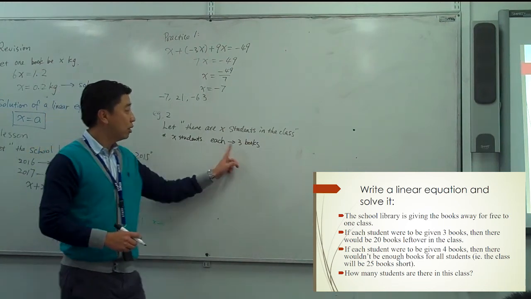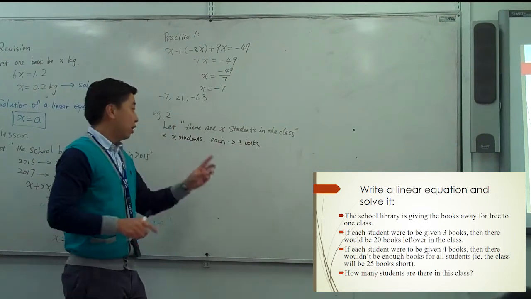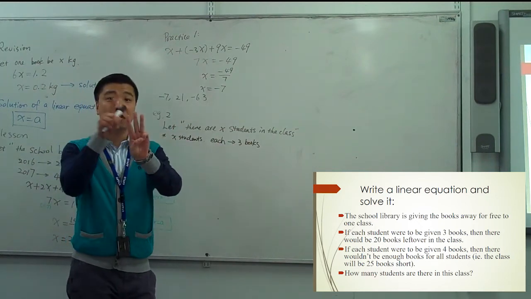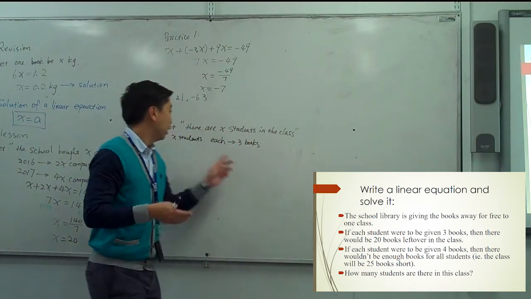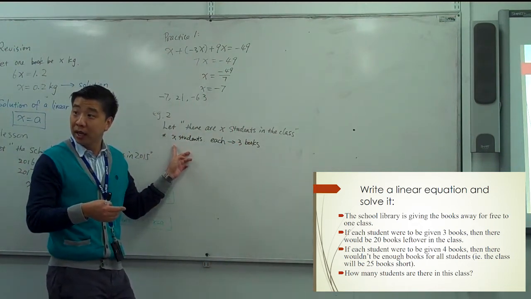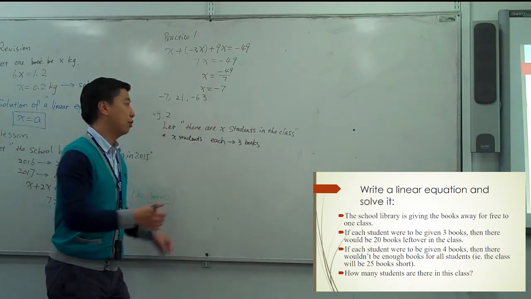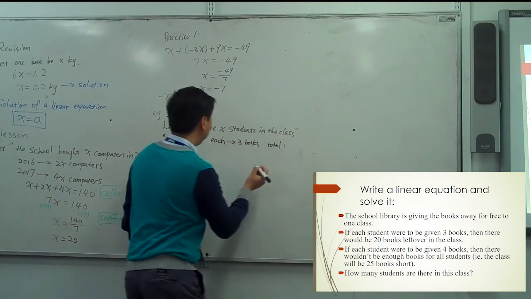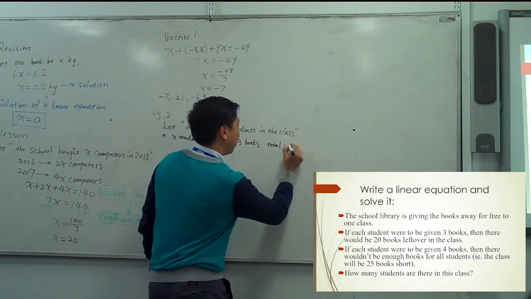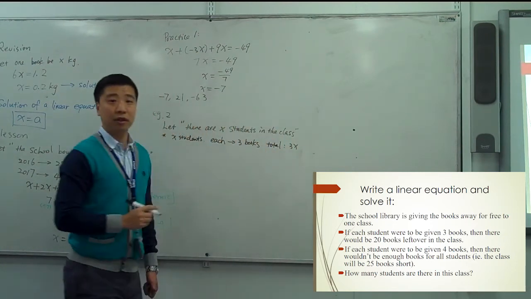Good. So 1 student, 3 books. 2 students will be 2 lots of 3. Is that correct? 3 students will be 3 lots of 3. X students will be X lots of 3. Good. So totally, you will give 3X lots of books.